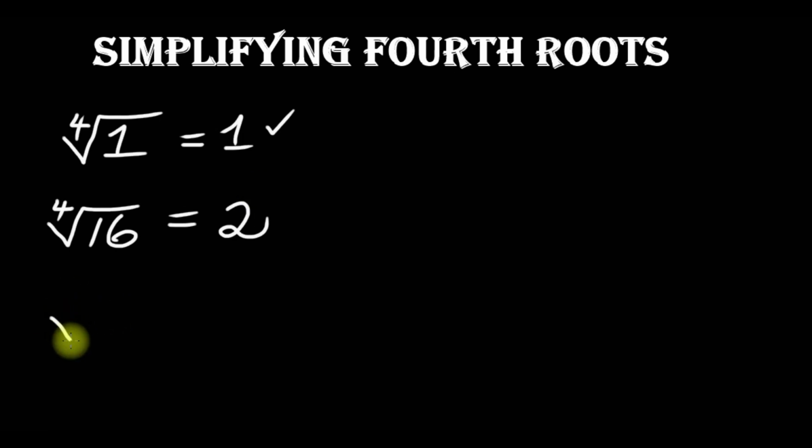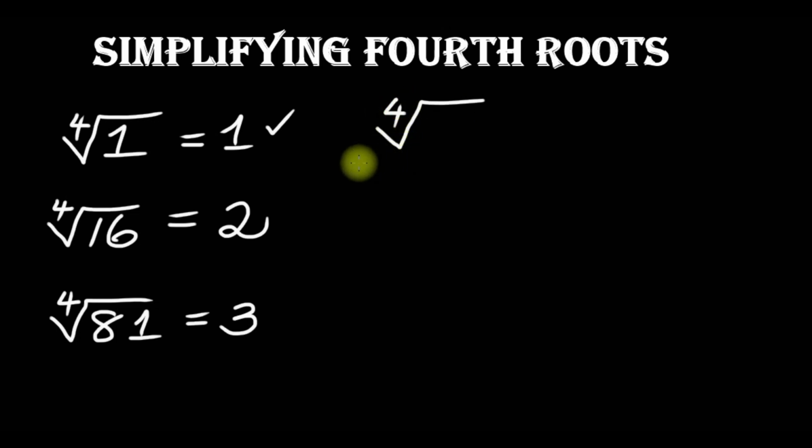Then the next number is going to be the fourth root of 81. The fourth root of 81 is going to be 3, because 3 times 3 times 3 times 3, 4 times, is 81. And then we'll do one more.